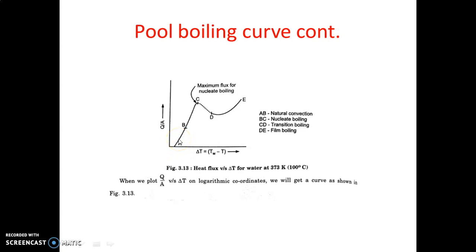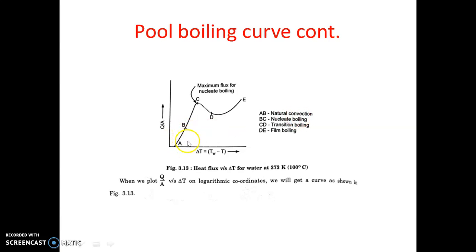The bubble forms on the surface of the instrument, then it is released to the surface and disengages from the vapor phase. So segment AB is called natural convection.